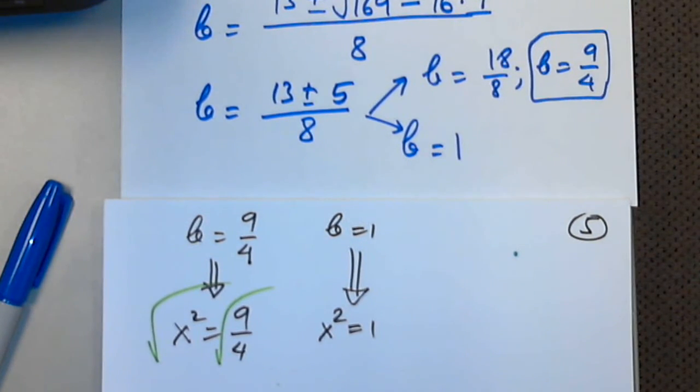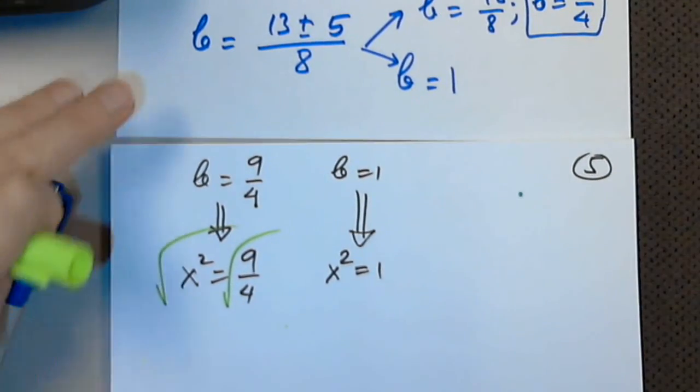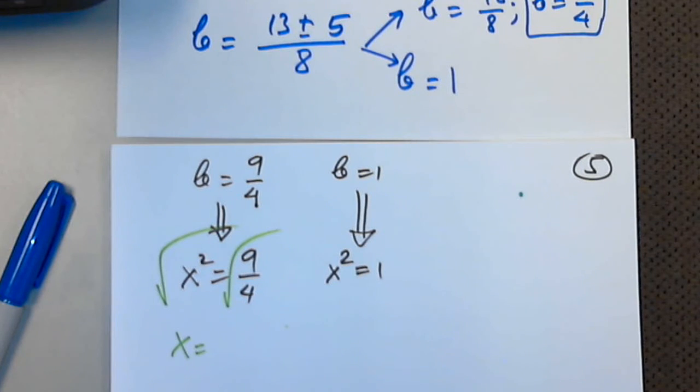Remember how many solutions we have to get? Very good, 4. So please give me what I get here. Nope. Careful. I will not get 4 solutions if you only say 3 halves.